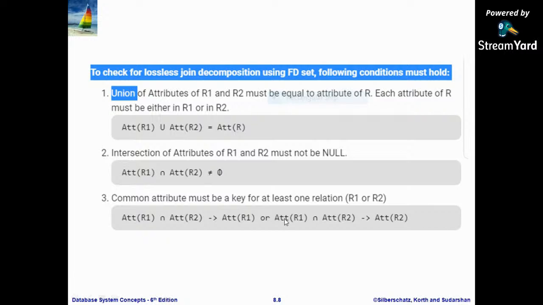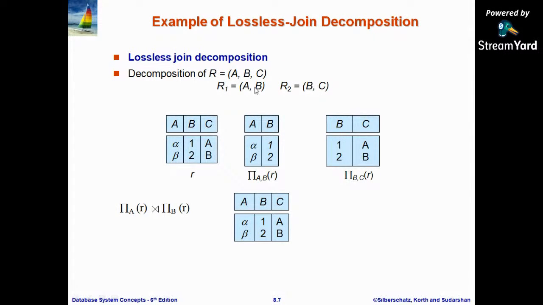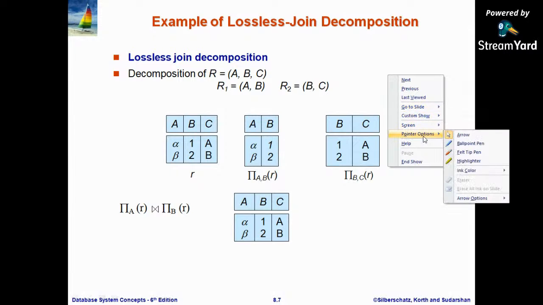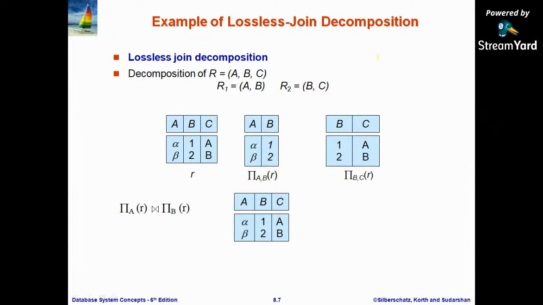or relation R2. What does this mean? The common field B should be on the left-hand side, and it should functionally determine either AB, which is relation R1, or BC.